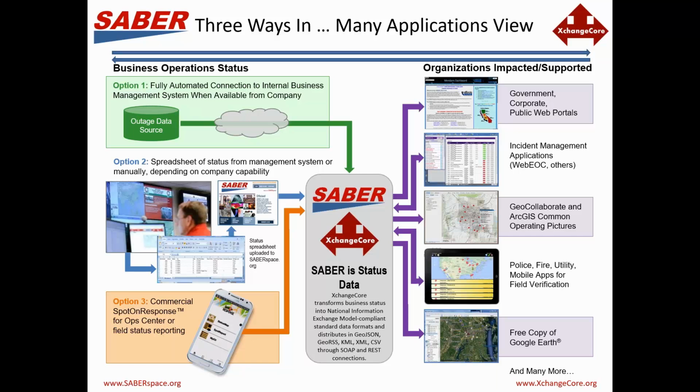One of the things that we did in creating the commercial SpotOnResponse app, which is given to SABER members, is to provide a mechanism for those who don't have any of those kinds of applications on the right, or who are specifically looking at businesses, to be able to provide status, as well as to easily have business-related situational awareness in the palm of your hand.